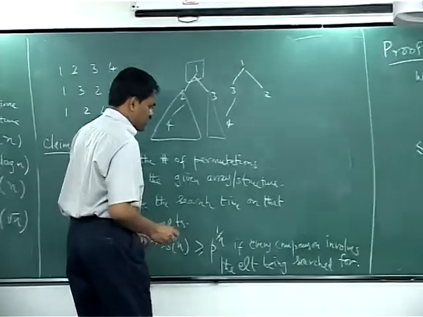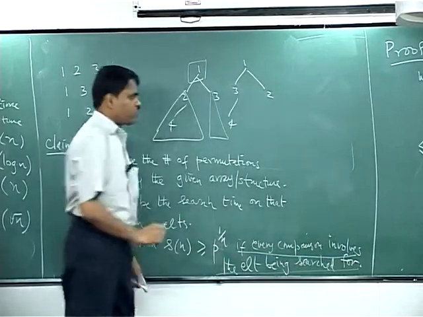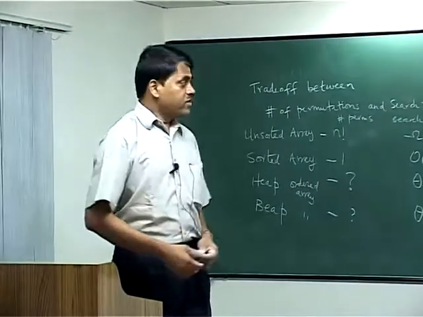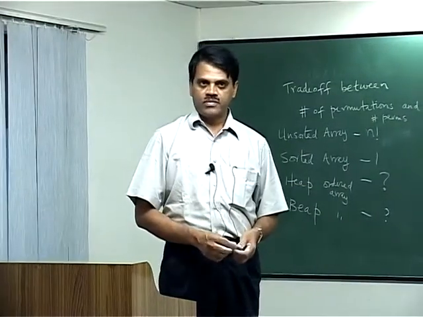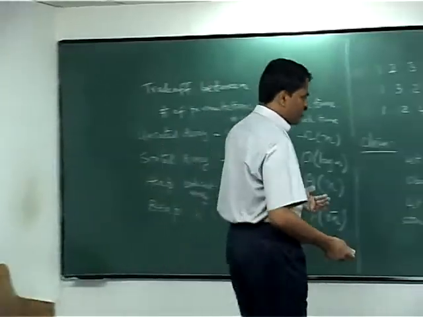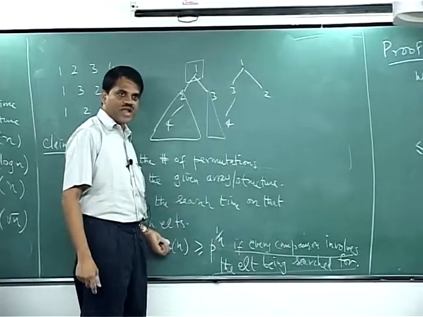So this is a critical assumption about this lower bound, and we will come up with an interesting structure where we will have a lot of allowable permutations, but we can still search fast. This claim says that if the number of permutations p is large, the search time is large.